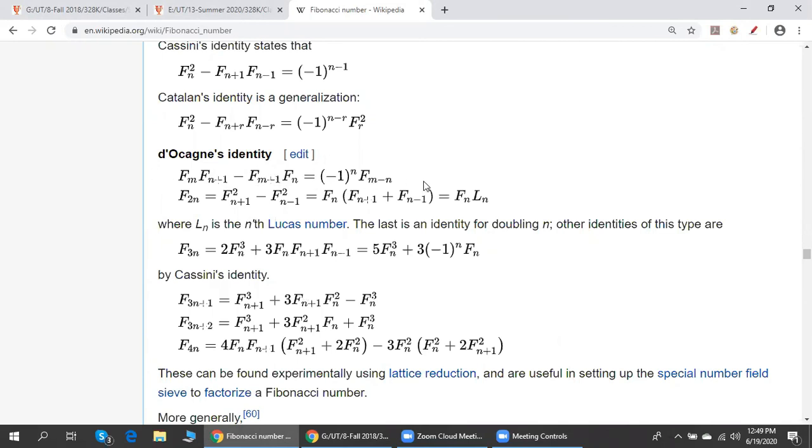Note that if m is equal to n plus 1, the subscript is 1 and f_1 is 1. Conclusion. A solution of the equation f_(n+1) x minus f_n y is equal to plus or minus 1 is a pair of consecutive Fibonacci numbers.